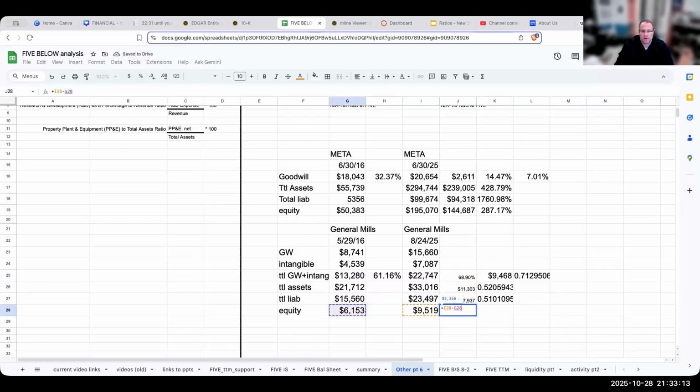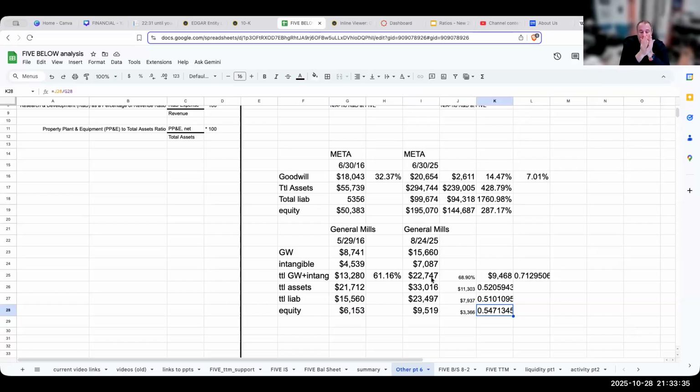And then the equity here has also grown by roughly 54%. So there has been growth as a result of this. But you still have the same concern: if the goodwill was impaired, what exactly would come of it?